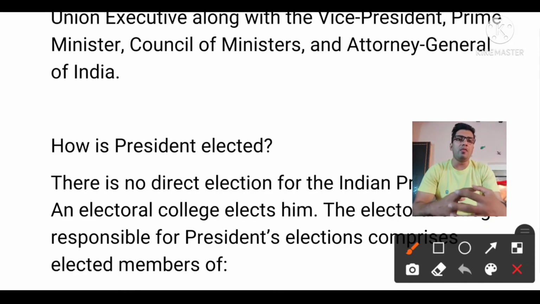But if they come with a larger majority and pass their bill, then the USA president has to give his consent to the bill, and only then would the bill become an act. This is the qualified veto, and it is not available with the Indian president, it is available with the USA president. We have to discuss this because in the future you may encounter such a question in the preliminary examination regarding the USA constitution also.